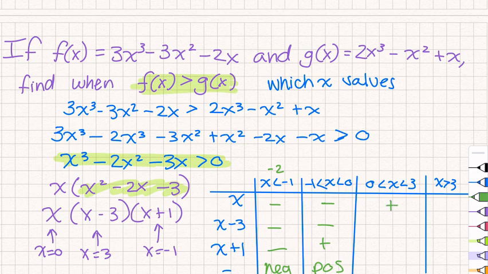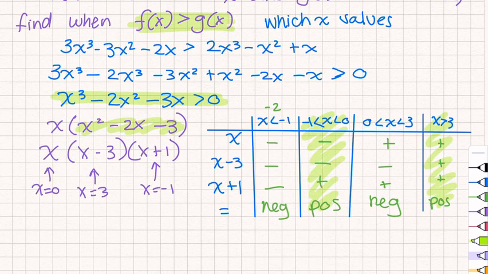You get positive, negative, positive, so you end up with negative. And finally, a number greater than 3, you could use 4, so you'd get positive, positive, positive. So this is going to help us with answering our question because we're asked when is it greater than, so when would it be positive?